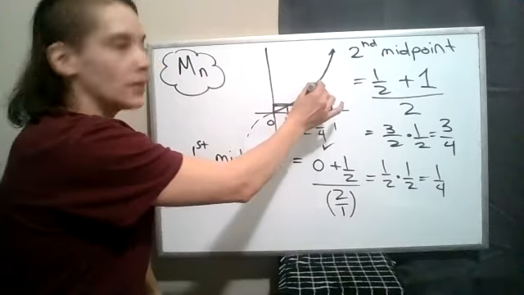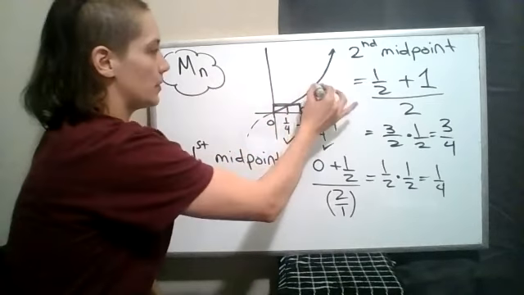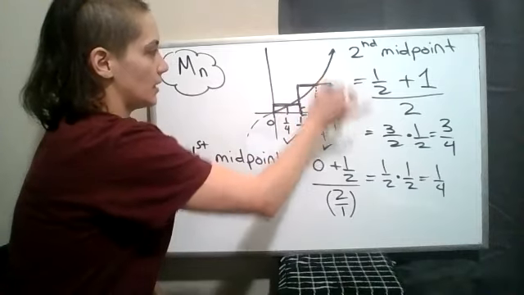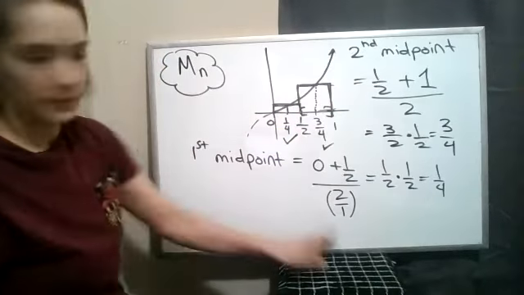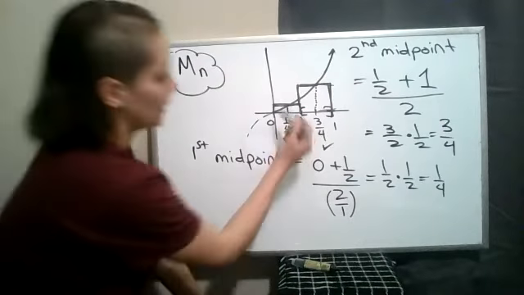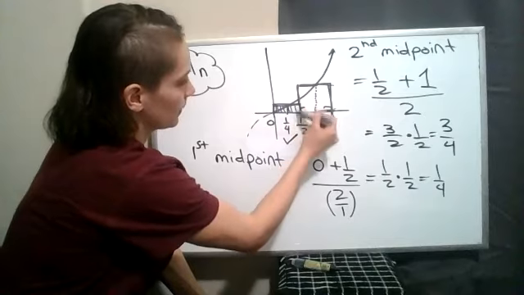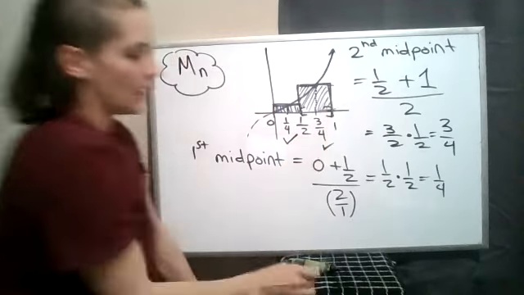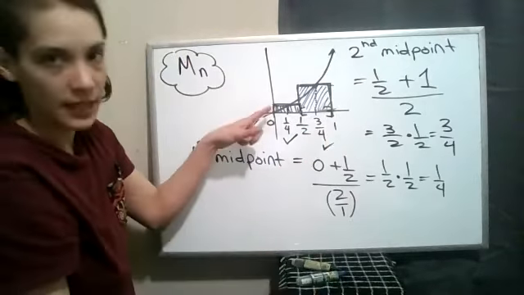From that point, go to the left and right to create the top of your rectangle. And come down on this side and down on that side. Okay, then we'll take this area, add to this area. And that's approximately the area of the curve. That's the area that's under the curve and to the x-axis.